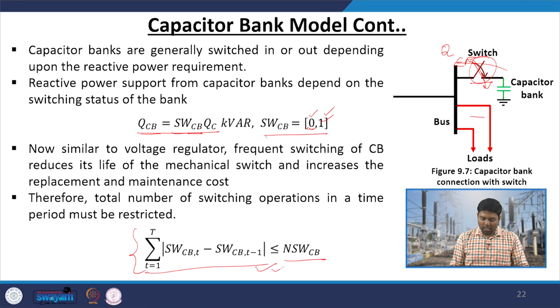Okay. So, that is how the voltage controlling devices mostly present in a distribution system, mainly the voltage regulator and the capacitor banks, are modeled mathematically, depending upon how their operation is done.